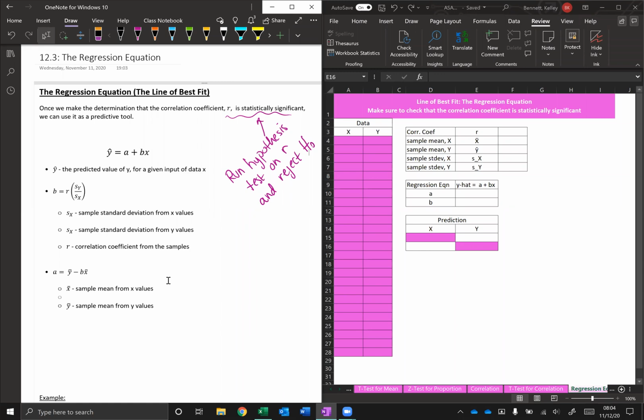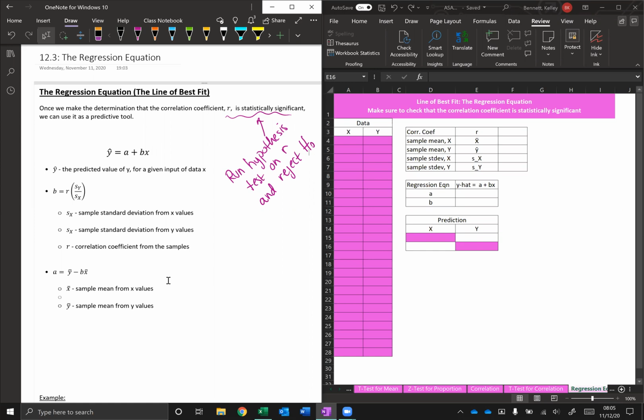We have these formulas for A and for B. B is simply the correlation coefficient from the sample times the sample standard deviation for Y divided by the sample standard deviation for X. And then to compute A, it's the sample mean of Y minus B times the sample mean of X. Excel is going to crunch it out for you, so we don't have to worry too much, but we should know where these things are coming from.